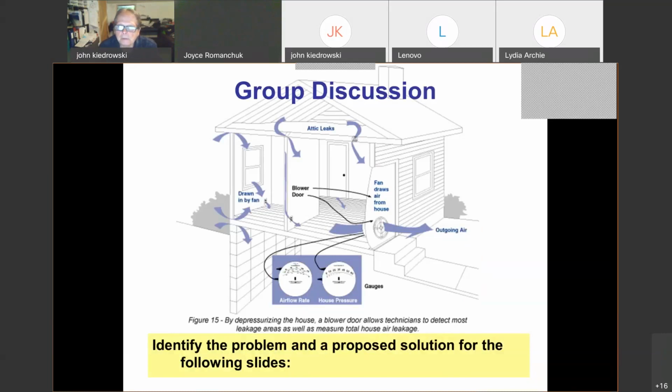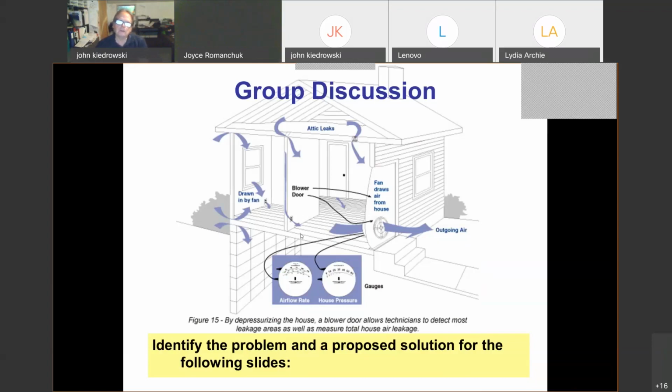So when we talk about a blower door, it's basically creating a vacuum in the house. As it depressurizes the house, it's going to exhaust the air out of the house, the outgoing air, and it's going to measure the airflow rate and the house pressure itself.